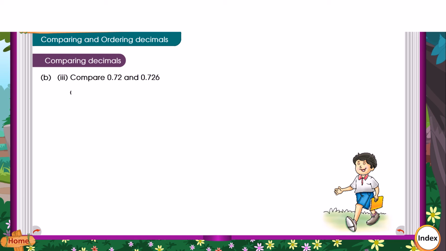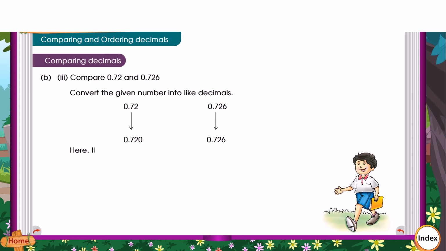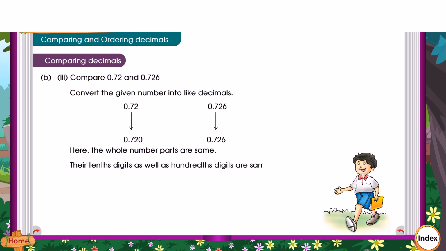Convert the given numbers into like decimals. 0.72, 0.726 becomes 0.720, 0.726. Here, the whole number parts are the same. Their tenths digits as well as hundredths digits are the same. Now, compare their thousandths digits. 0 thousandths is less than 6 thousandths.